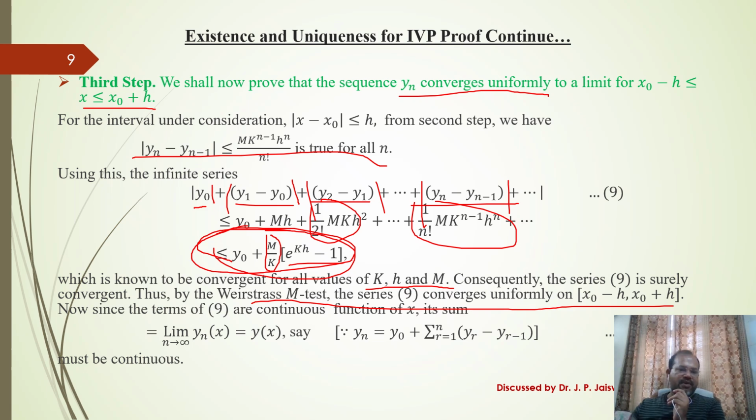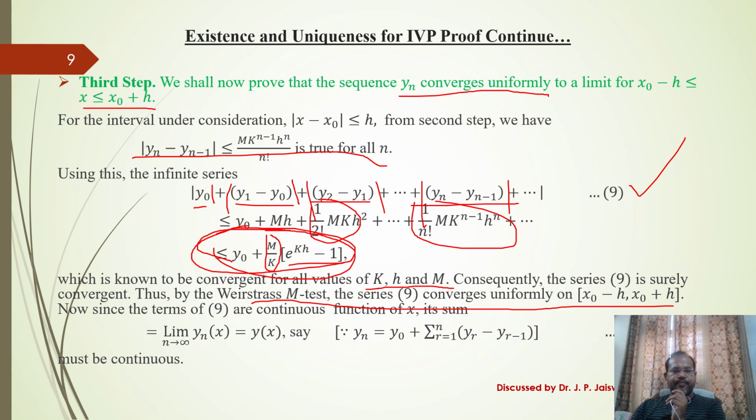So the summation of Mn is constant, so it is convergent. So the original series becomes uniformly convergent. Why? Because each term is less than or equal to some constant, and the summation of the constant terms is convergent. So the original series 9 is uniformly convergent.